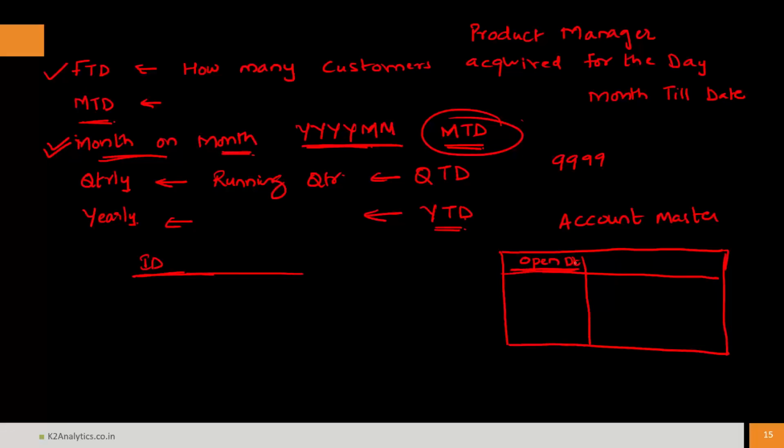Now from an open date you can come to know in which month this account was opened. So if you simply aggregate the data based on open date at YYYY-MM level, you can say how many accounts were opened in a given year month.